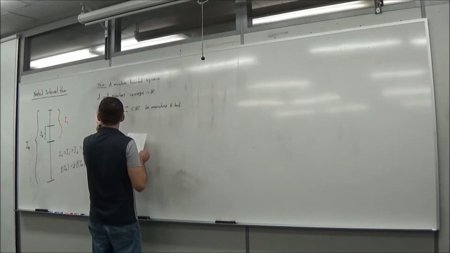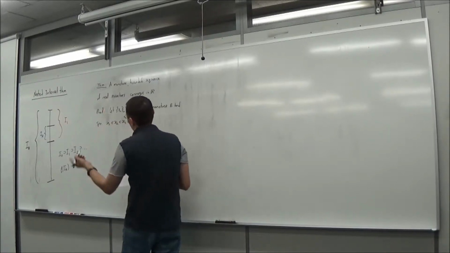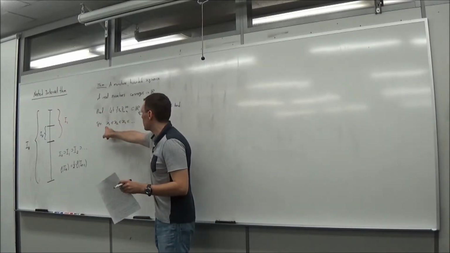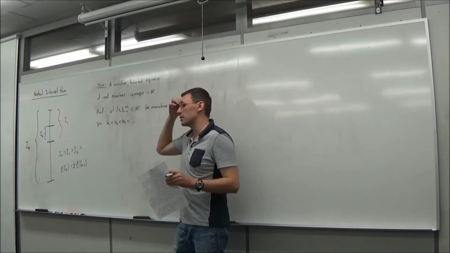we have x1 is less than or equal to x2, less than or equal to x3. So what I'm saying, it's increasing, right? So you see the next point is at least as high as x1, the next is at least as high as x2, so that's increasing, okay?